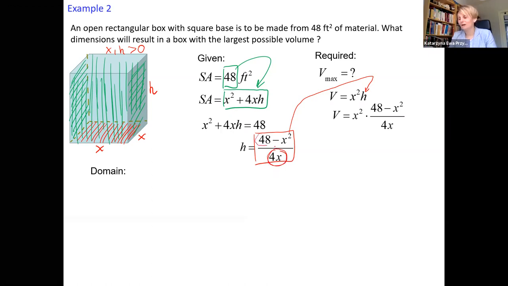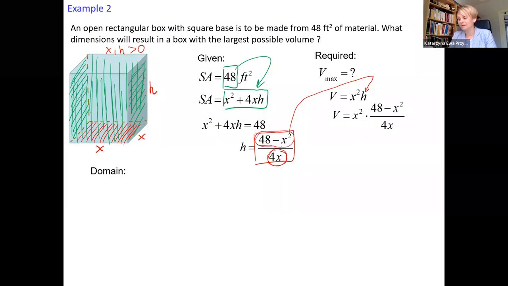But we have to be careful here. We again have that 48 giving us some restriction. X squared cannot be greater than 48, because if x squared is greater than 48, we have a subtraction that will produce a negative number. Right? It means 48 minus x squared must be greater than 0.